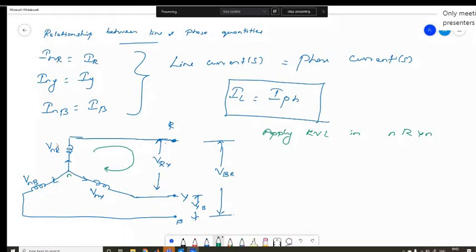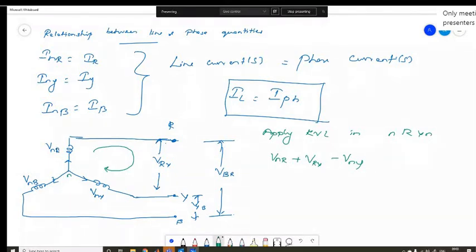So this is VNR, and then here it is VRY, and here it is VNY. But we are going from Y to N, so I will write it as minus VNY. We are going in the clockwise direction, so that is why I have used this negative here.